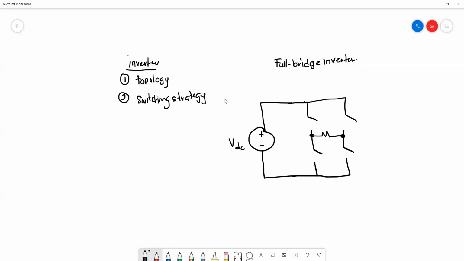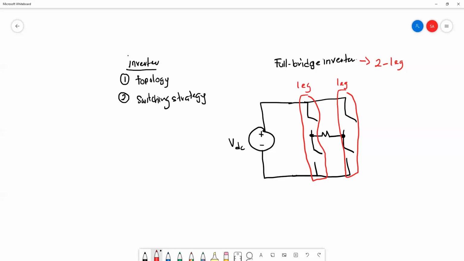And for your information, this is what we call a leg, and this is also a leg. Meaning that for the full bridge, we have two legs. Sometimes we call it a two-leg inverter, and for each leg we have two switches: S1, S2, S3, and also S4.